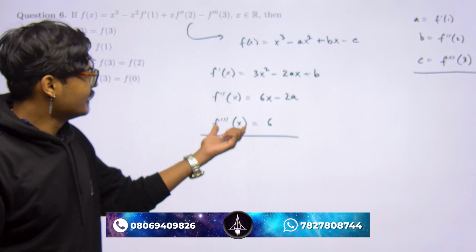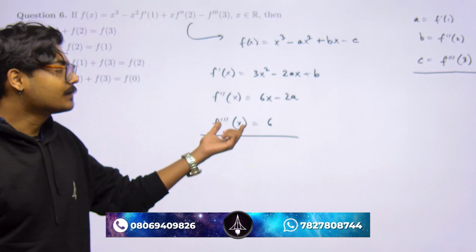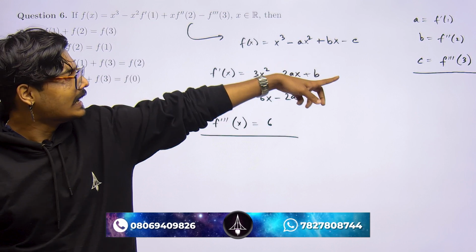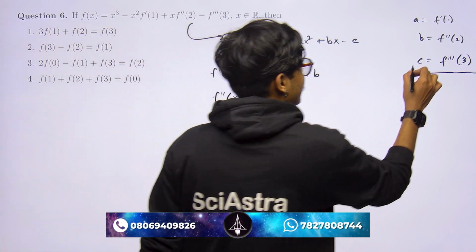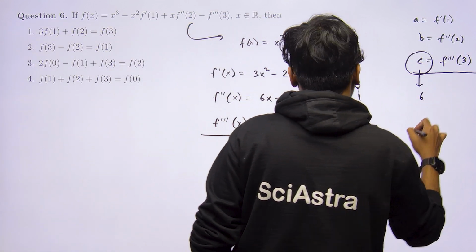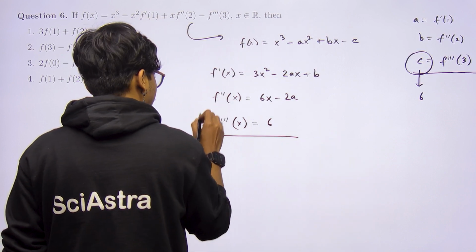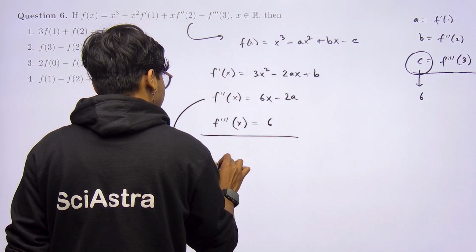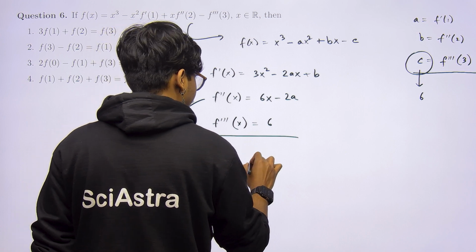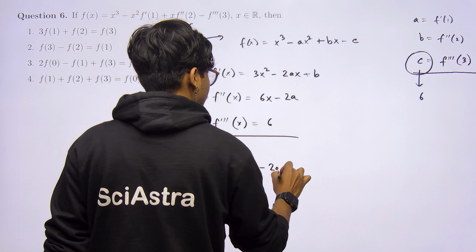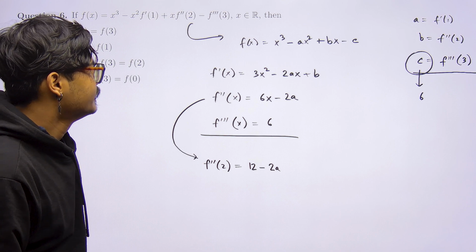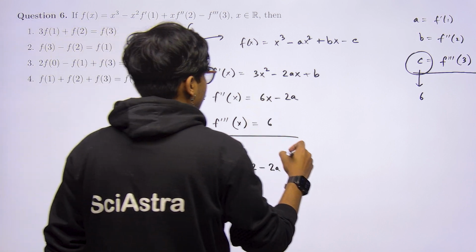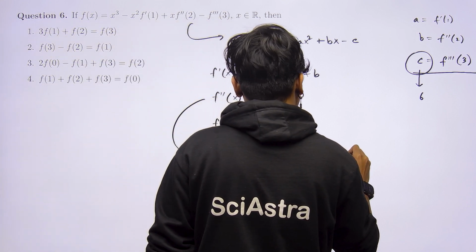So if you look carefully, f'''(x) is equal to 6 for any value of x, which means the value of c has to be 6. Now once you get this, going back to the previous step, f''(2) should be equal to 12 minus 2a, right?